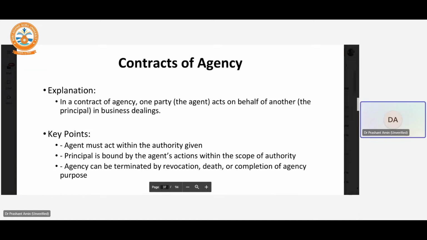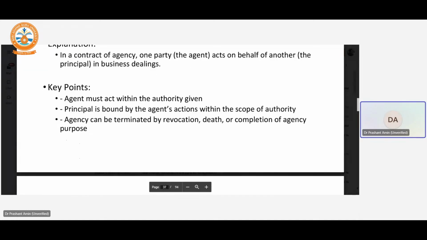Then the agency contract. In the agency contract, you need to understand two terms. First is the master and servant relationship. The master means the main company, and the servant means the different branches across India. Whatever the master company says, all the branches have to follow.